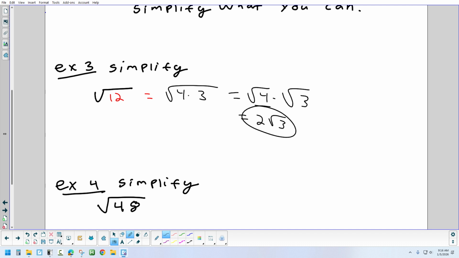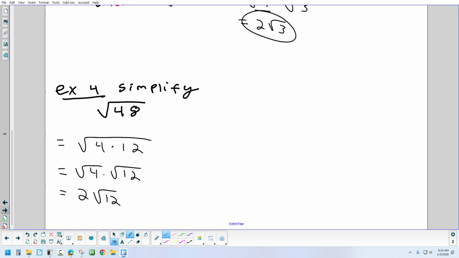That can be simplified. So if you have to do this twice, then that means we didn't pick the best way to break up 48 to start. Okay? We'll look at a different way to break up 48. But sometimes it's helpful to do it twice because it's easier numbers to work with. If you do it all in one step, you're going to end up with a bigger number when you start out.